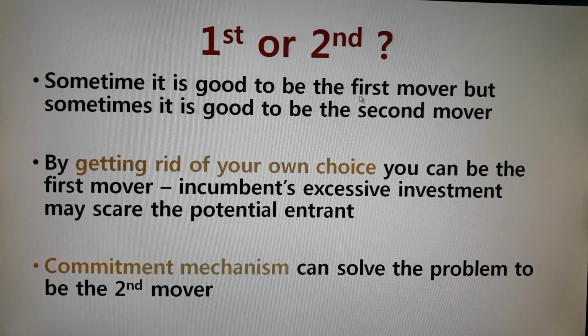So if you're the second mover, you want to burn the bridge behind to be a first mover. Or sometimes it is good to be the second mover, like the farmer and lion, because the second mover promised something to the first mover, but when the first mover did that, like pulling out all the teeth, the second mover says, I lied and betrayed him or her.